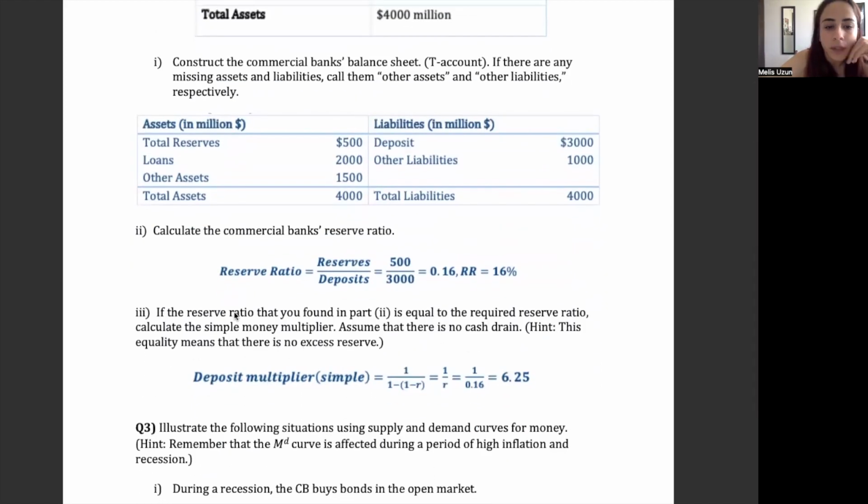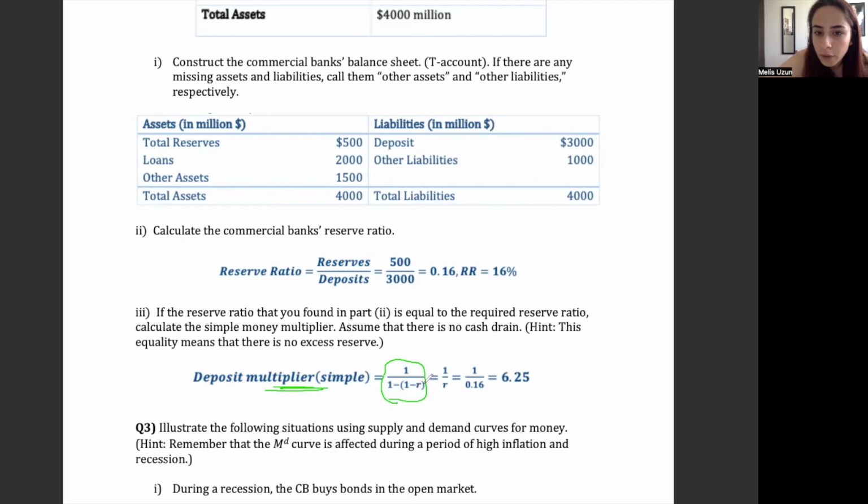If the reserve ratio that we found in part 2 is equal to the required reserve ratio, calculate the simple money multiplier. What does it mean? If the reserve ratio is equal to the required reserve ratio, it means we don't have any excess reserves. So we can easily use this formula to calculate the money multiplier.